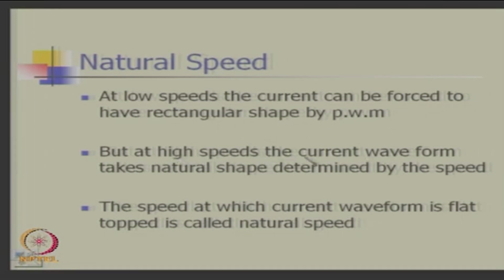At high speed the current waveform takes its natural shape determined by the speed. At high speeds you have single pulses, at low speeds you can have chopped ones. The speed at which the current waveform is flat topped is called the natural speed.